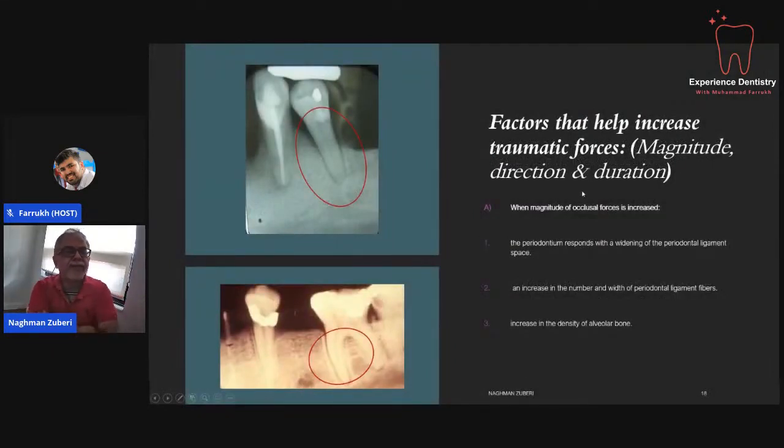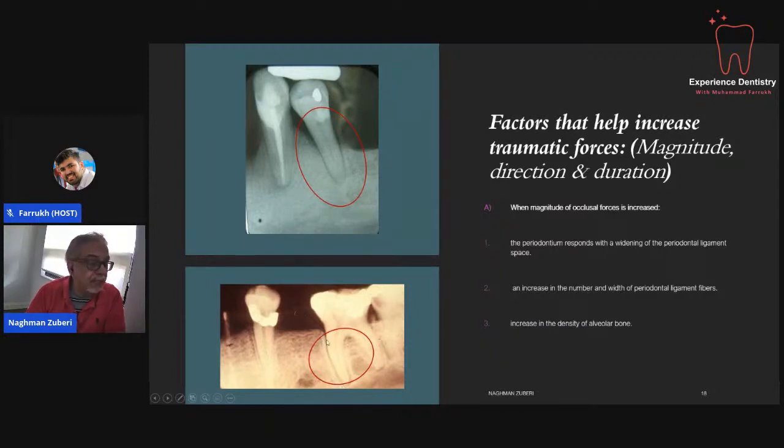Factors that increase the traumatic forces are magnitude, direction, and duration. When the magnitude of occlusal forces is increased, the periodontium responds with a widening of the periodontal ligament space. And the lamina dura is also going to respond; its density is going to increase.